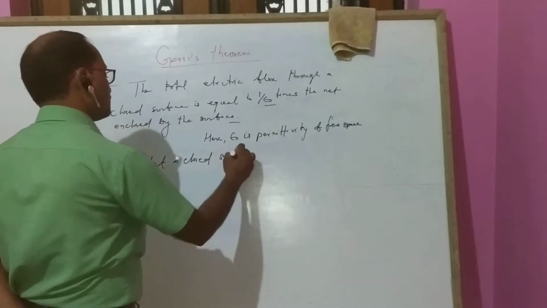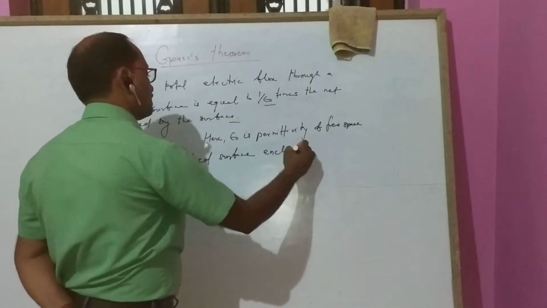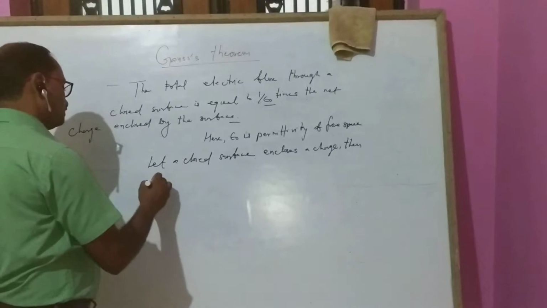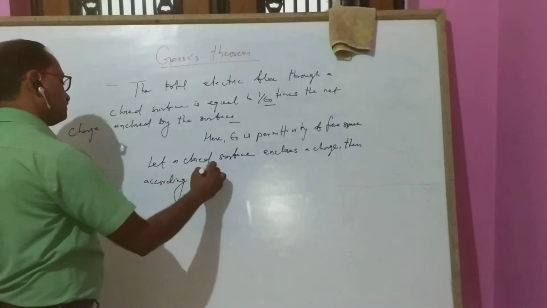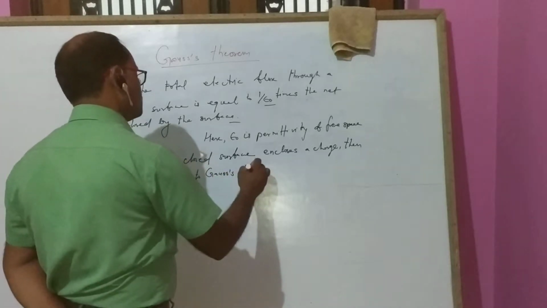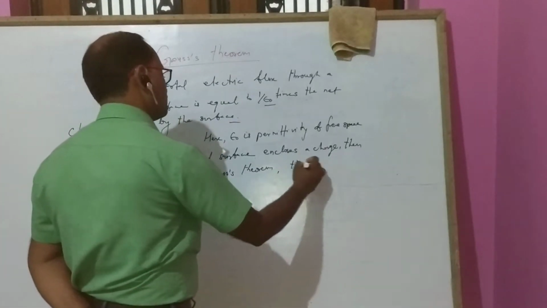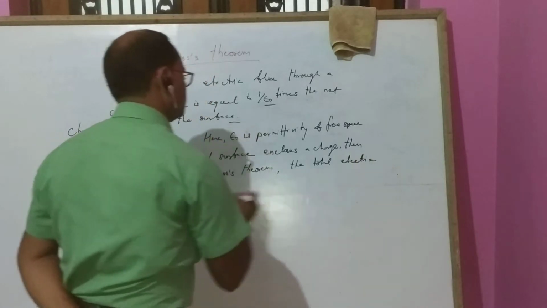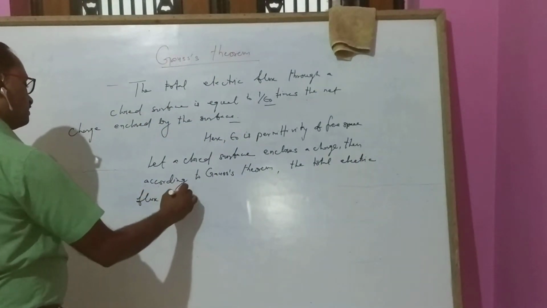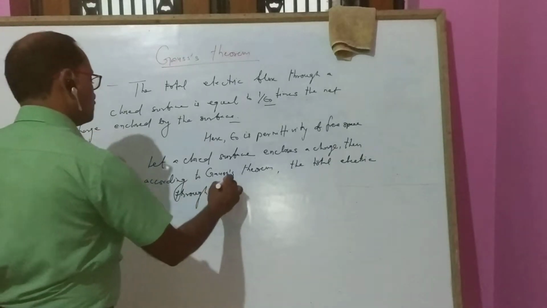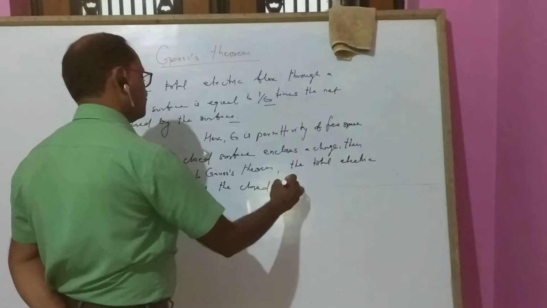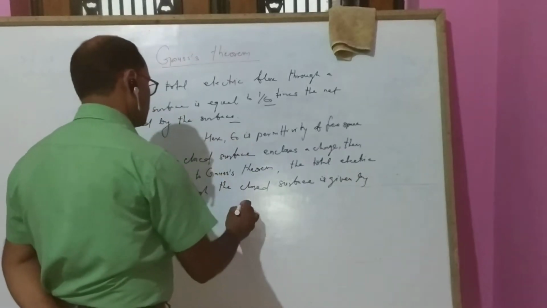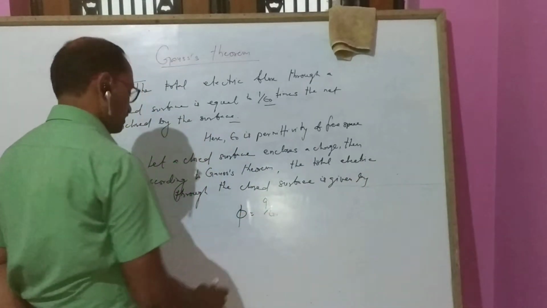Let a closed surface enclose a charge Q. Then, according to Gauss theorem, the total electric flux through the closed surface is given by phi equals Q by epsilon naught.